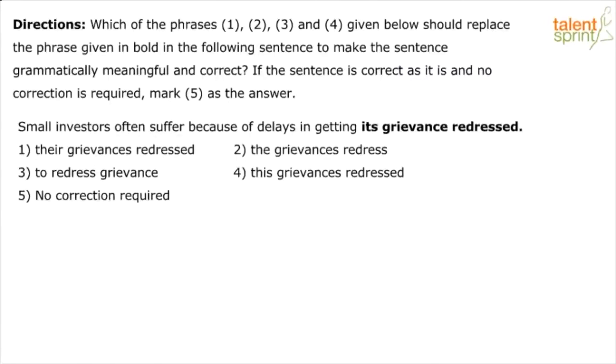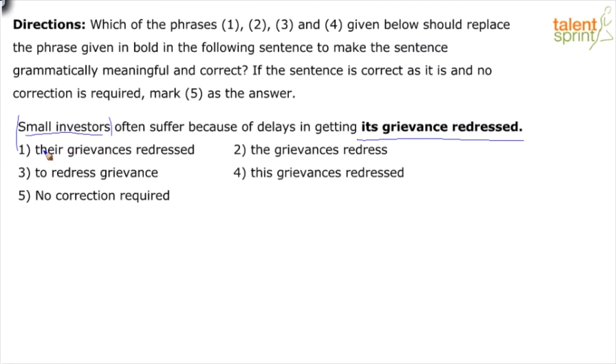Small investors often suffer because of delays in getting its grievance redressed. The highlighted phrase is "its grievance redressed", and our options are: their grievance is redressed, the grievance is redressed, to redress grievance, this grievance is redressed, and then of course no correction required. This is a pretty easy one because we are referring to the subject, small investors, right?